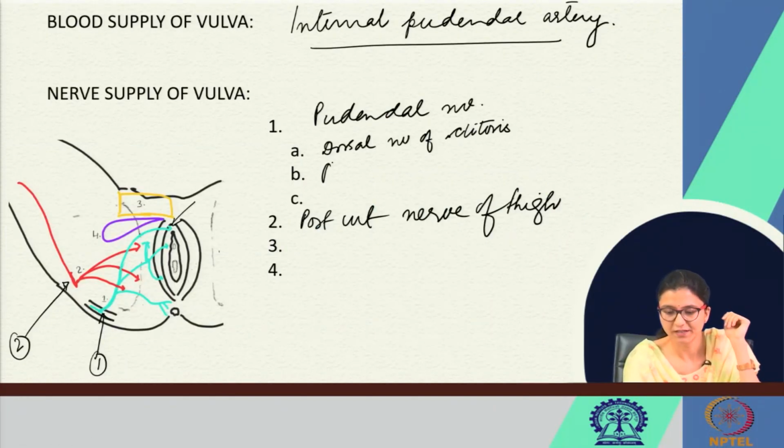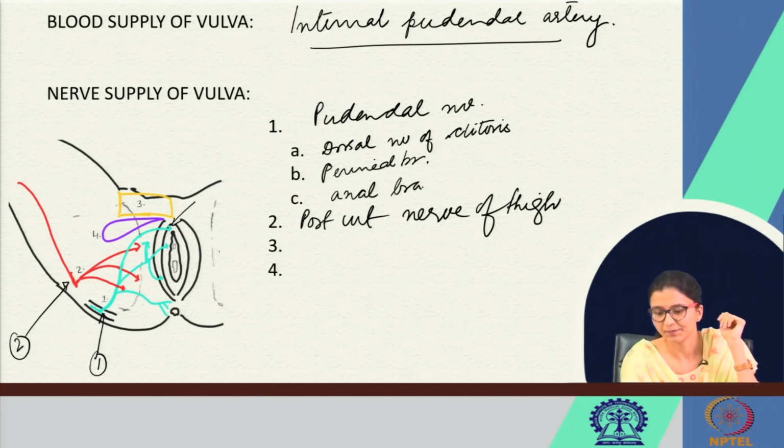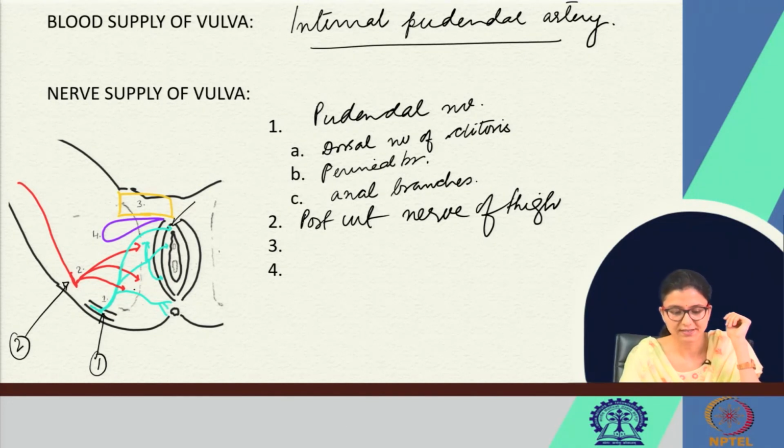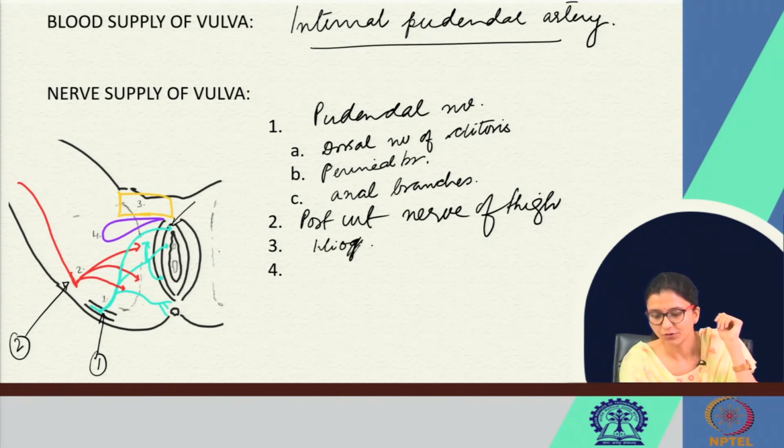This is the perineal branches, and C is the anal branches supplying the anus and the area around it. Posterior cutaneous nerve of thigh, number 2. Number 3 is the ilioinguinal nerve, and number 4 is the genital branch of genitofemoral nerve.